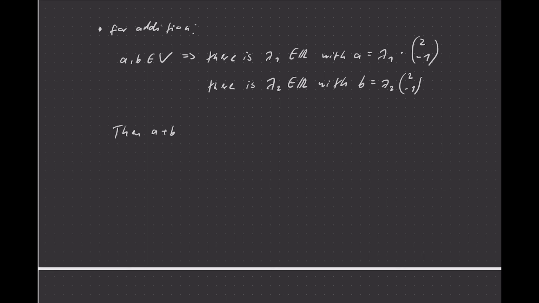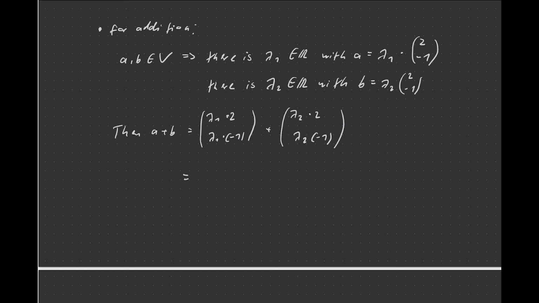Where A plus B is, A is lambda 1 times 2, lambda 1 times minus 1, and B is lambda 2 times 2 and lambda 2 times minus 1.